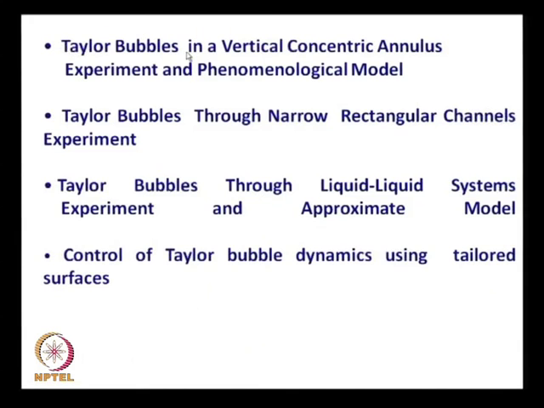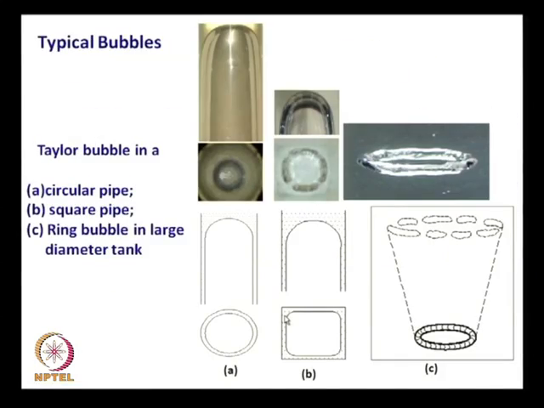We have studied Taylor bubbles in vertical concentric annulus, in narrow rectangular channels, in liquid-liquid systems, and in very narrow millichannels under different wall conditions. I will give you a very brief idea of the different observations we have found, and how the rise of these Taylor bubbles is influenced by fluid type and conduit characteristics.